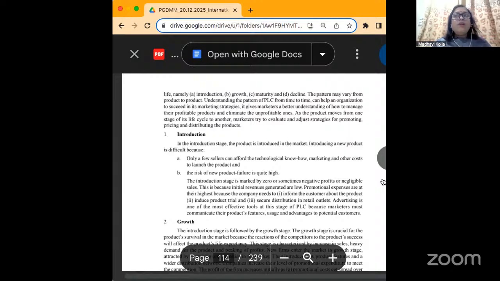So, in a very brief way, as an early introducer of a particular product in an international market, we may have two approaches. One is we may decide to introduce a product at a very high price because there are not many competitors.